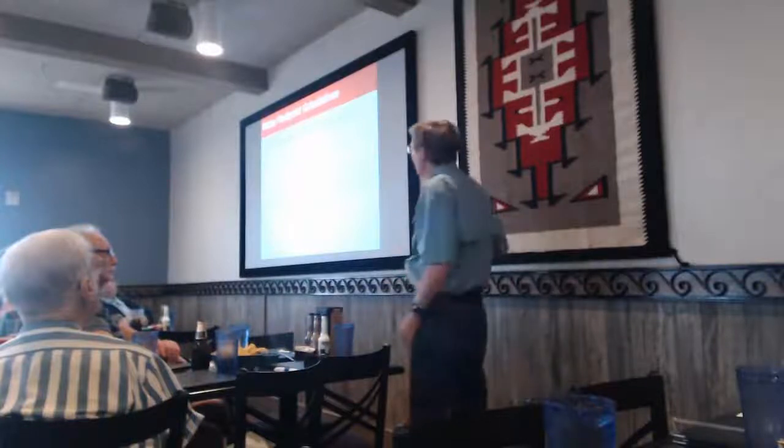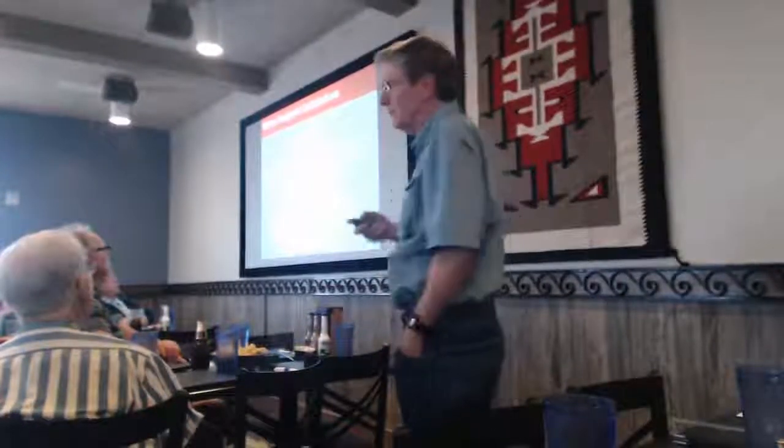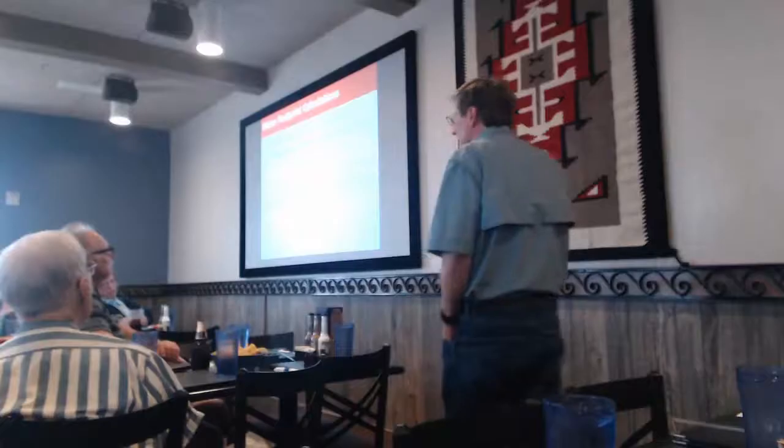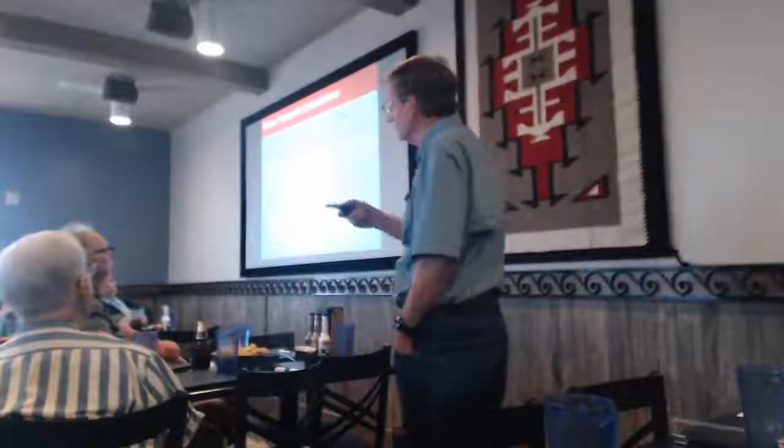Same thing. And we use total rainfall that is effective. Expected rainfall, and she used a calculation from the Natural Resources Conservation Service, about 75% or so for that particular soil. It depends on the soil.